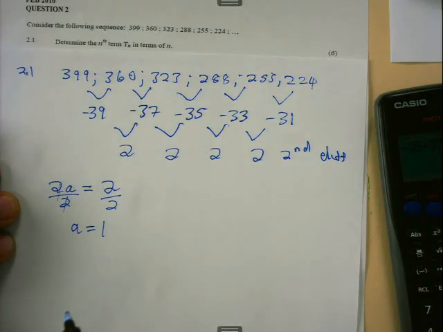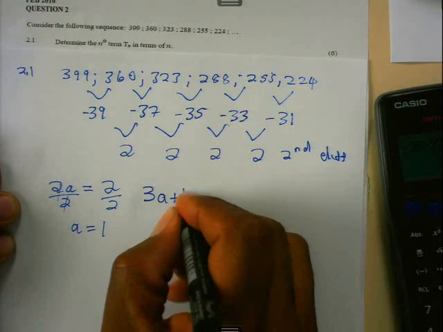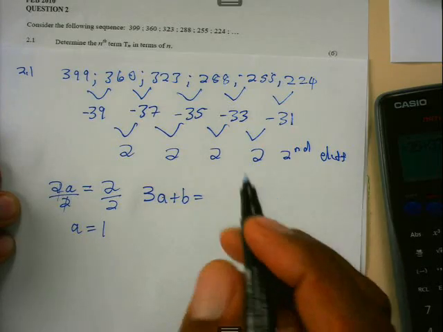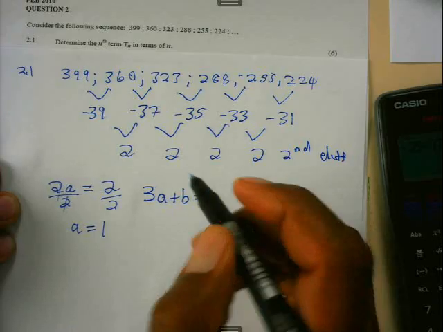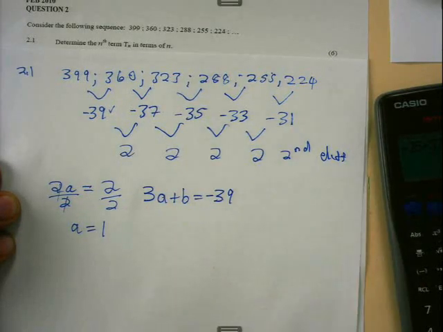Now, let us see if we can find b. For b, we have 3a plus b equals what? 3a plus b is the first term of the first difference, which is minus 39.